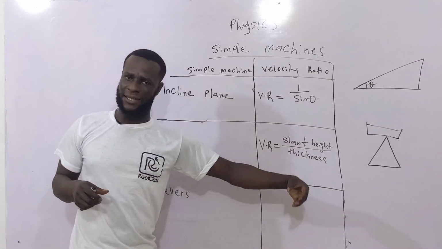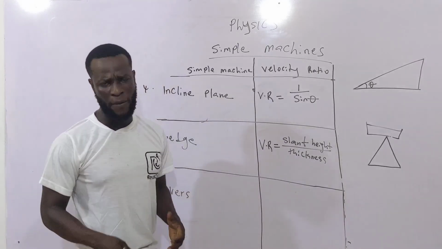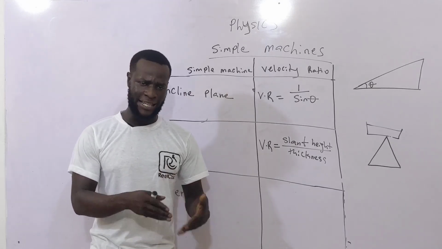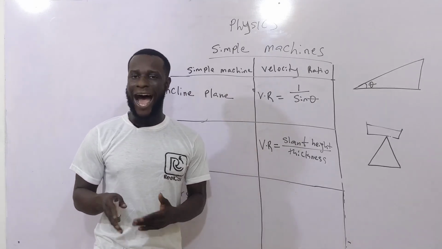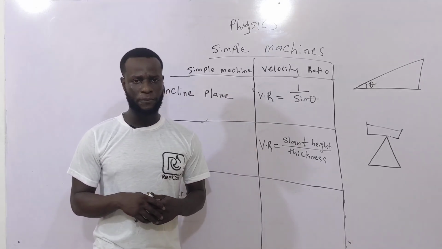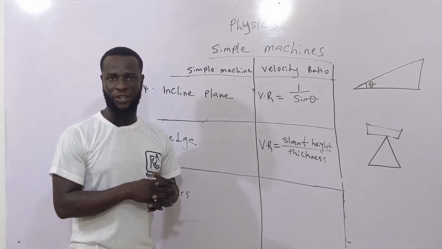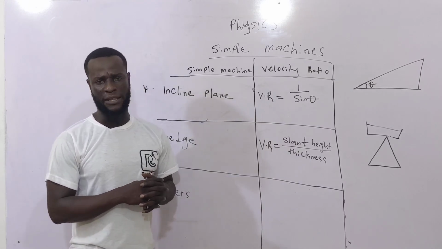Your pivot, you have it at the tire, and then you apply your effort on the handle of the wheelbarrow. You will see that this is an example of a second order lever in the sense that the load is in between the fulcrum or the pivot and then the effort. Another example of a second order lever would be the nutcracker.